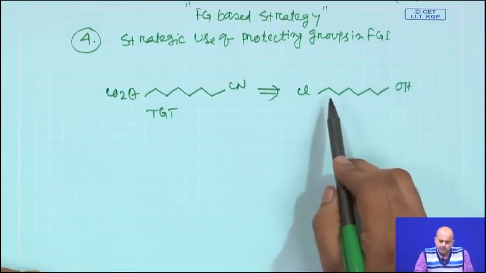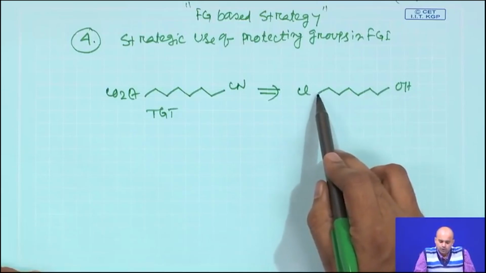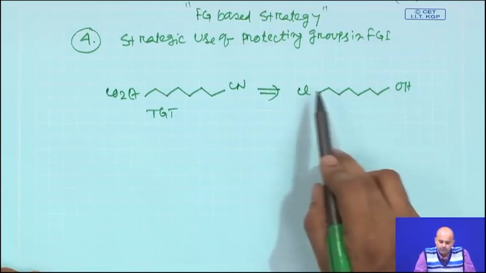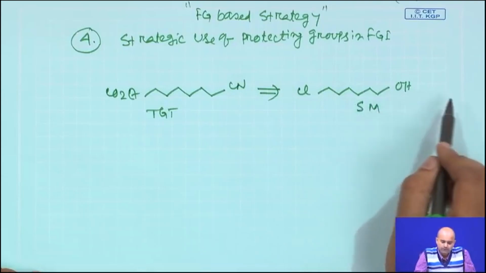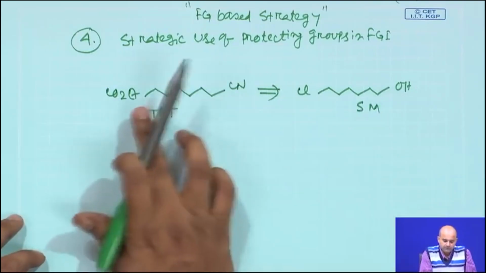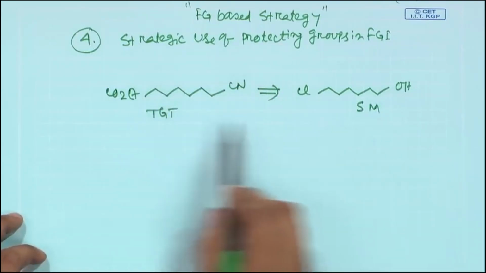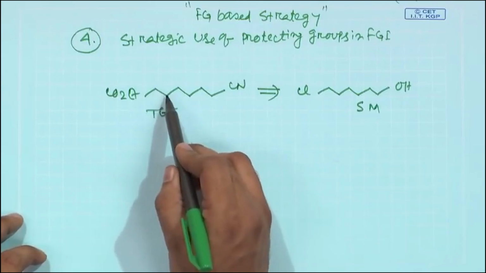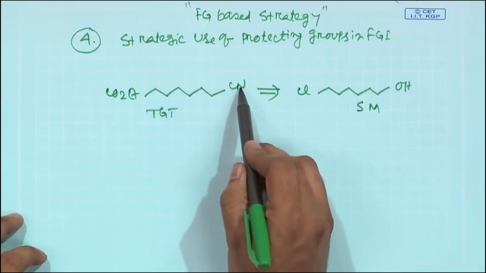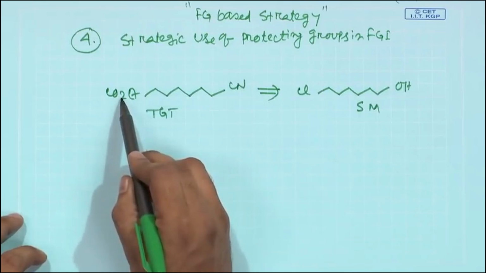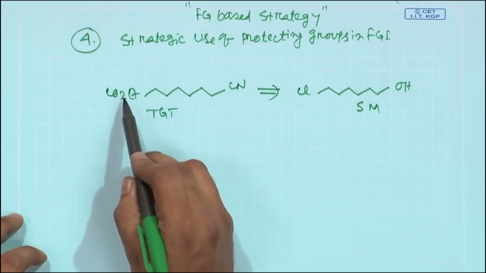Say this chlorohydrin kind of compound, a 1,6-compound, is your starting material, and you have to prepare the target compound. The 6 CH2 groups are similar in between; the only thing is that at one end you need a CN and at the other end a CO2Et.